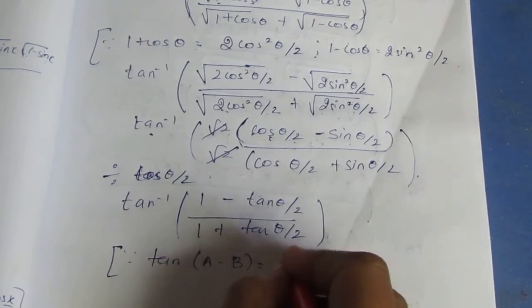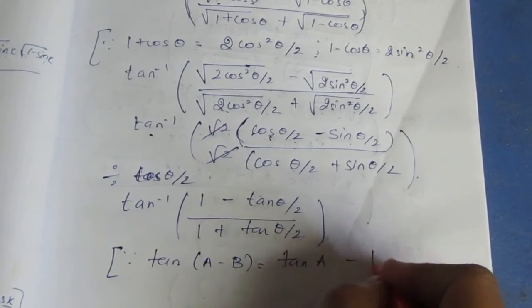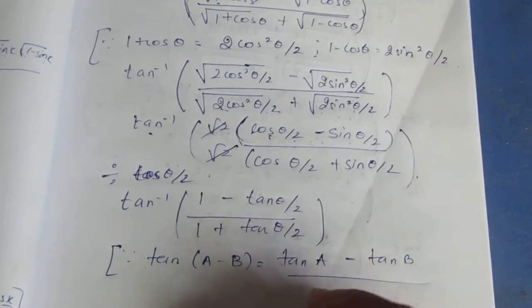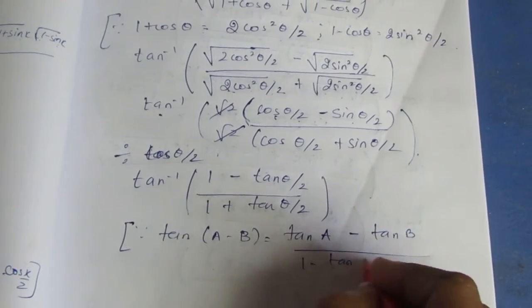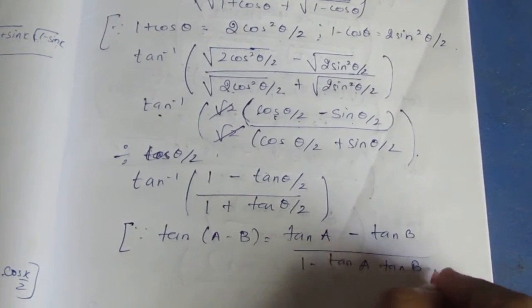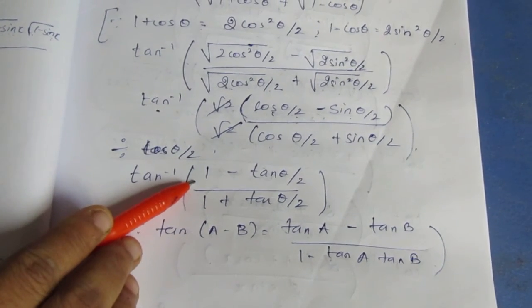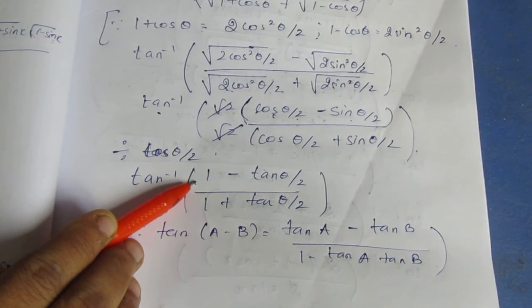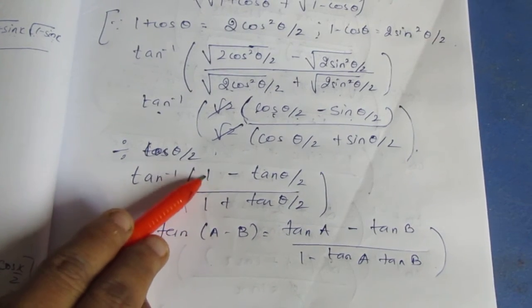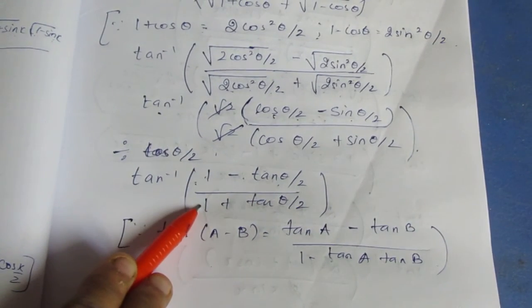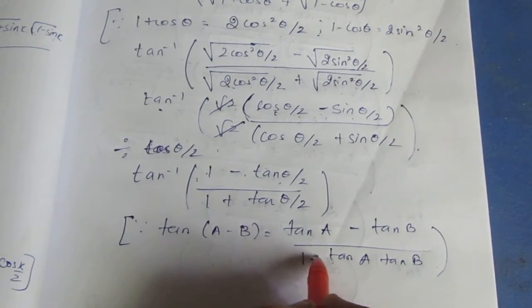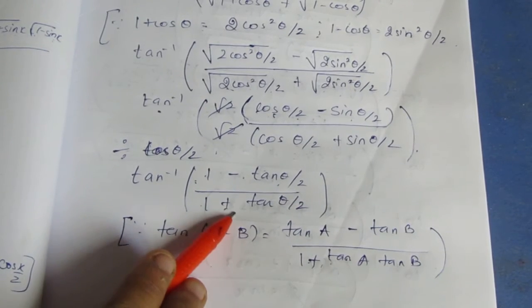The formula is tan A minus B equal to tan A minus tan B by 1 plus tan A tan B. We can introduce the formula here. In the place of 1 we can substitute tan pi by 4, so here we will get tan A minus tan B. Let the plus be the same.